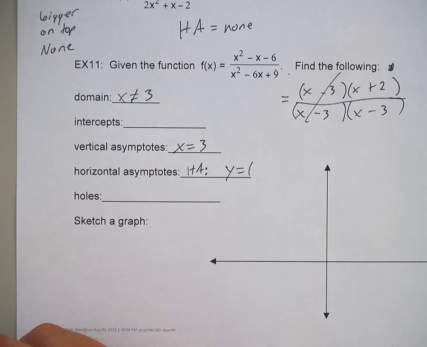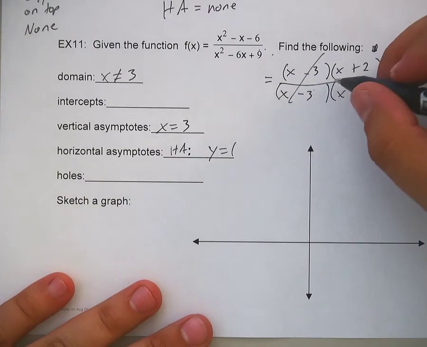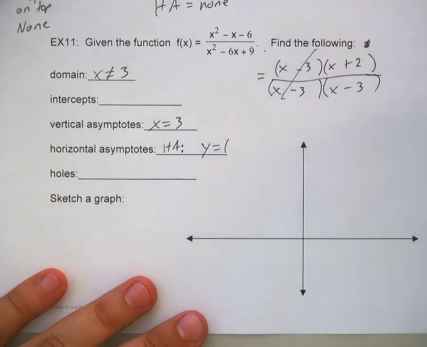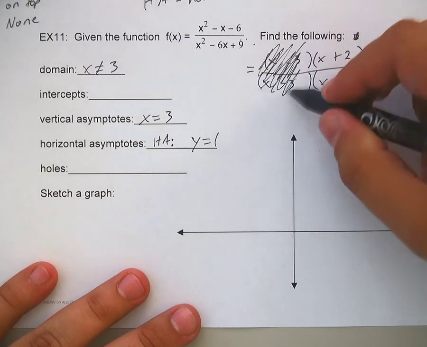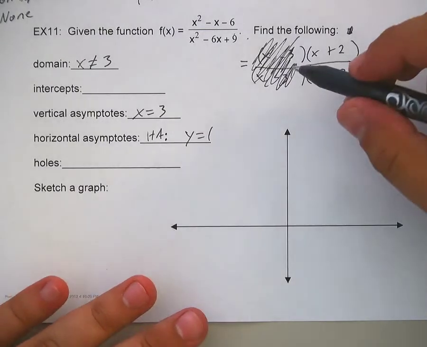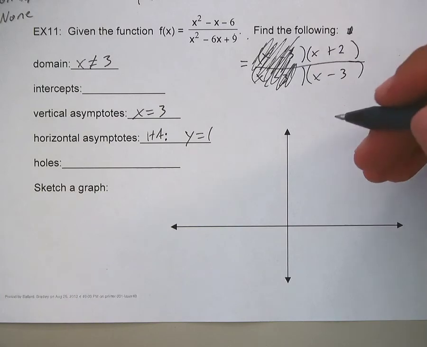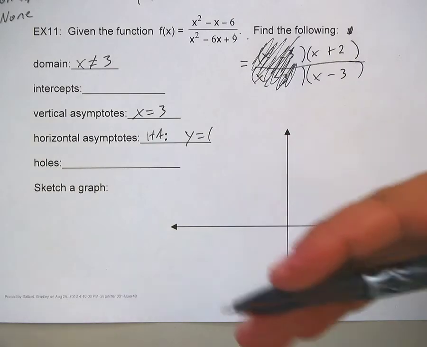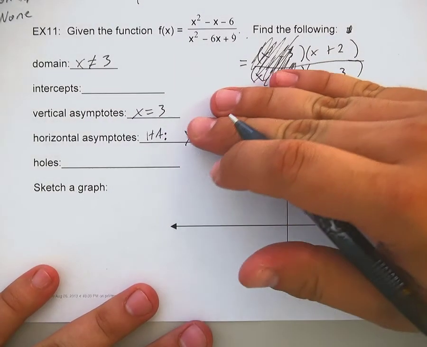Now there's a couple of things that we want to point out about this real quick. For your intercepts, we have an x-intercept where x is 2, since these will cancel out and everything will go away. If I'm trying to figure out my x-intercept, I don't care about what's happening down here. I'm talking about just the numerator.